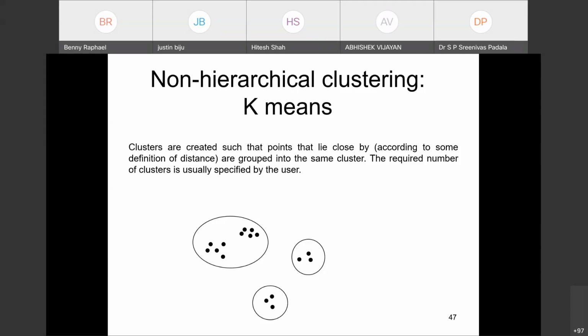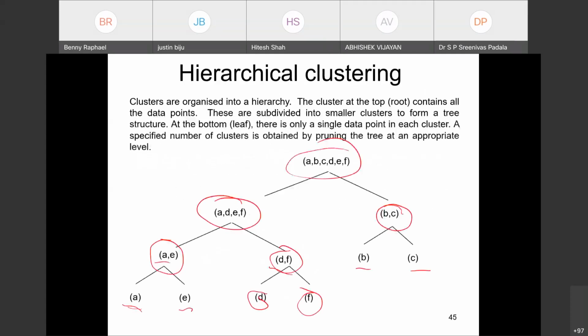So here the difference between hierarchical clustering and k-means clustering is that in k-means clustering, you specify the number of clusters a priori, and it will find these clusters. Whereas in hierarchical clustering, you don't a priori fix the number of clusters. You form the hierarchy, and now suppose you want only 3 clusters, you might prune at an appropriate level in the tree. So let us say I want to find out only two clusters.